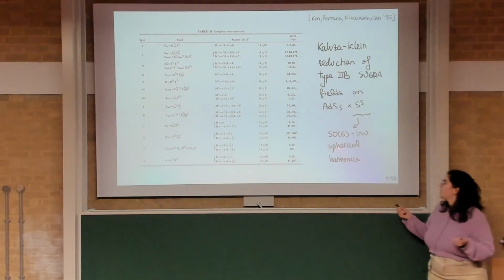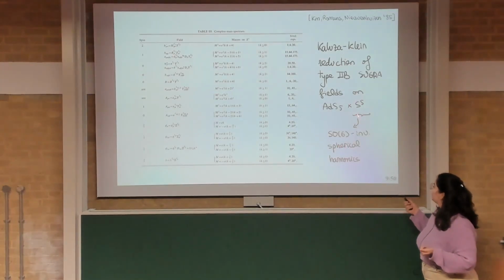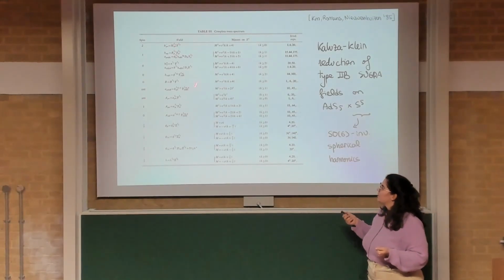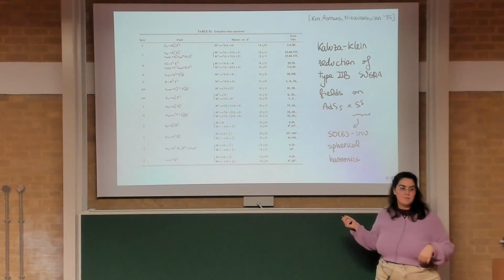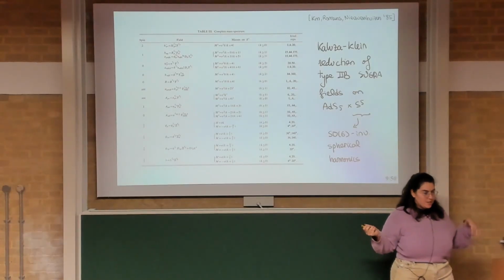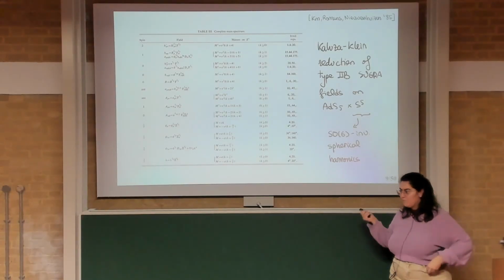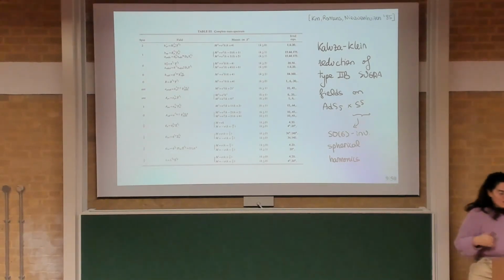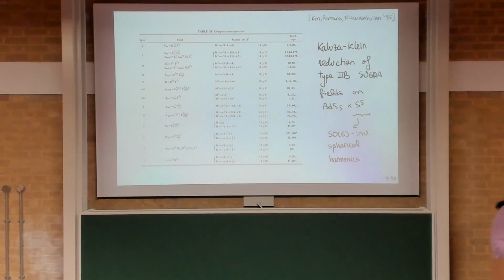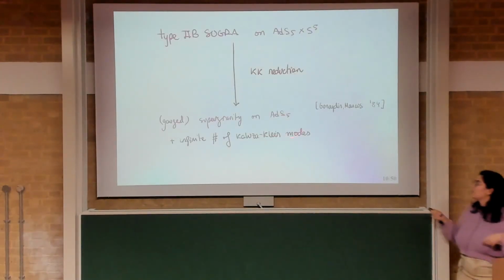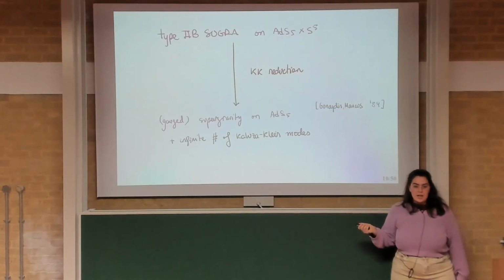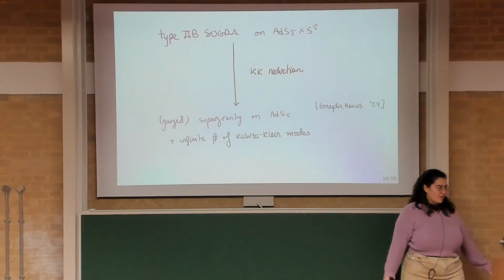So you do Kaluza-Klein reduction on this 5-sphere, and what we will get is that the coefficients from these SO(6) spherical harmonics are going to be the fields of my lower dimensional action, the same thing that we know for the hydrogen atom, where I do spherical harmonics on the sphere. But now the question is, when I do Kaluza-Klein reduction, I have this infinite tower of Kaluza-Klein modes, and I don't want to call a theory of infinite fields a theory.